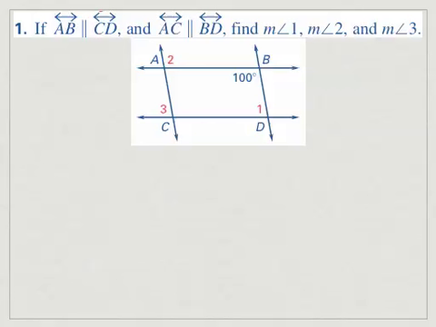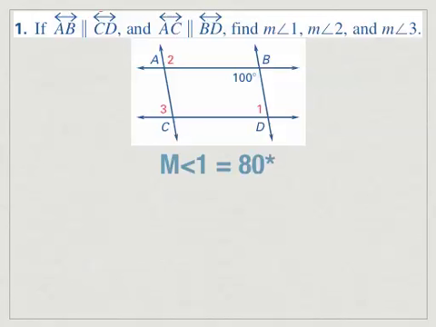Well, we know that all of these are parallel, so AB is parallel to CD. Notice that the 100-degree angle and angle 1 are consecutive interior angles. We know that when we have parallel lines and consecutive interior angles, those two angles are supplementary. So 100 plus 80 would give you 180, because angle 1 and the 100-degree angle are supplementary.